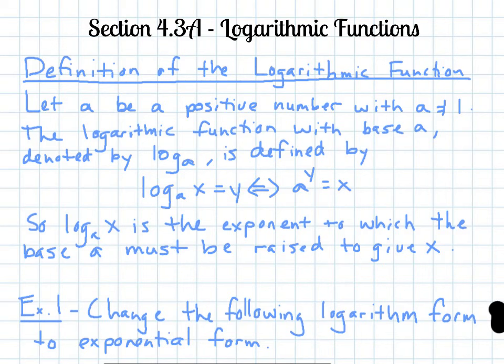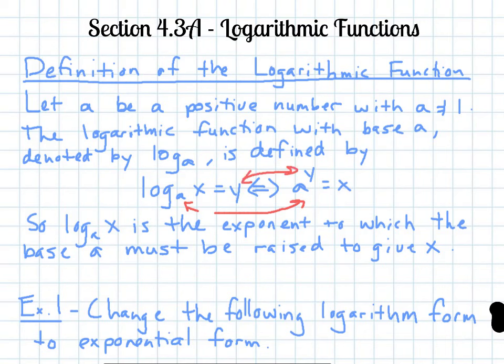So here what they're saying is that a is our base, and if we went back to an exponential function, a is the same base as it would be in the exponential function. X and y kind of reverse roles, where you take log of x base a, which is equal to y, so y is just representing your exponent.